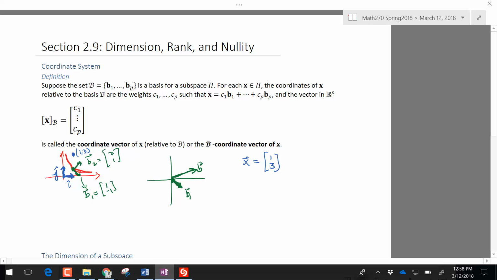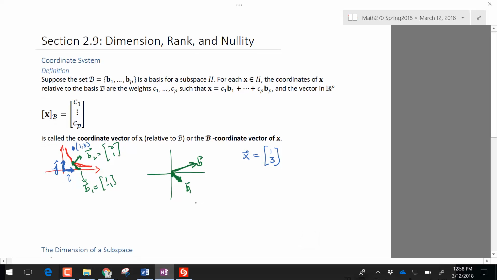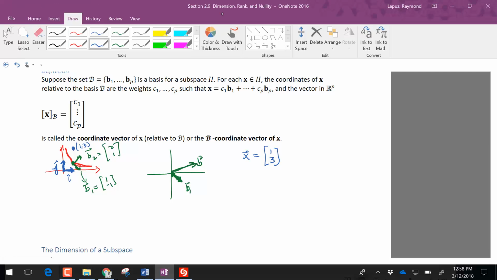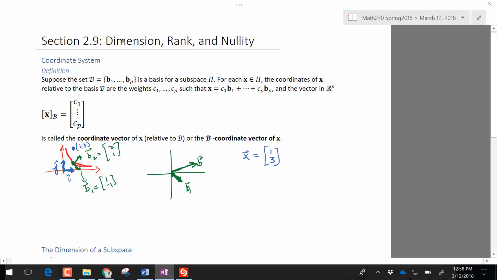But we might be interested in using the new basis vectors, B1 and B2. I want to express this point 1, 3 in terms of B1 and B2.